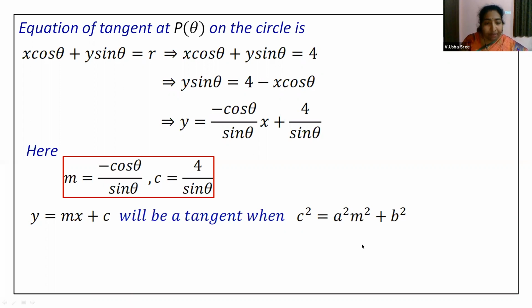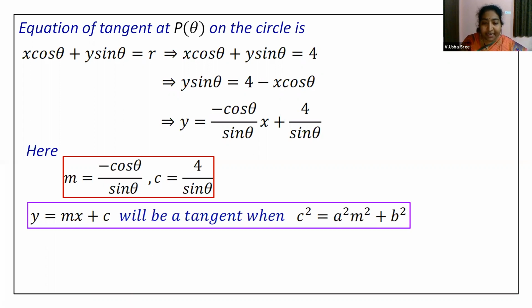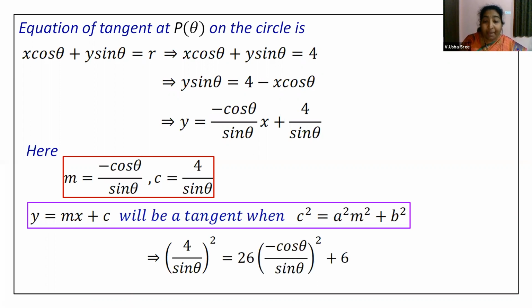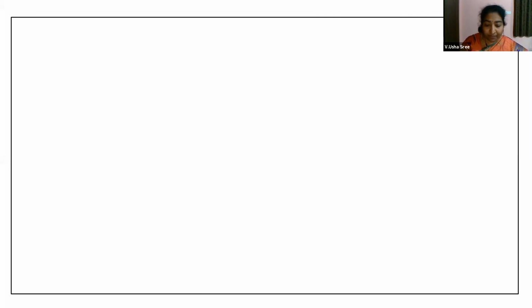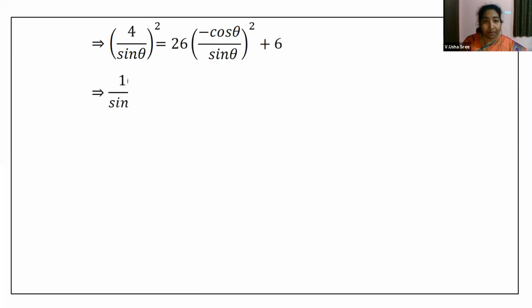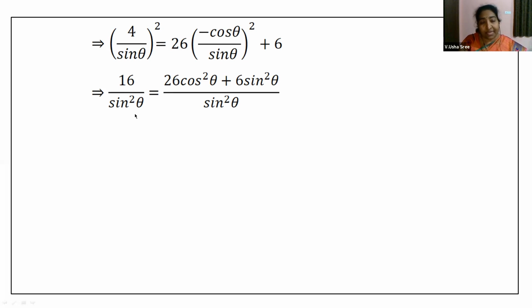Okay, so now we will just substitute what all values we know. Instead of c, we take 4 by sin theta whole square. The value of a square is 26, b square is 6, m is minus cos theta by sin theta. When we substitute, 4 by sin theta whole square is 16 by sin square theta.